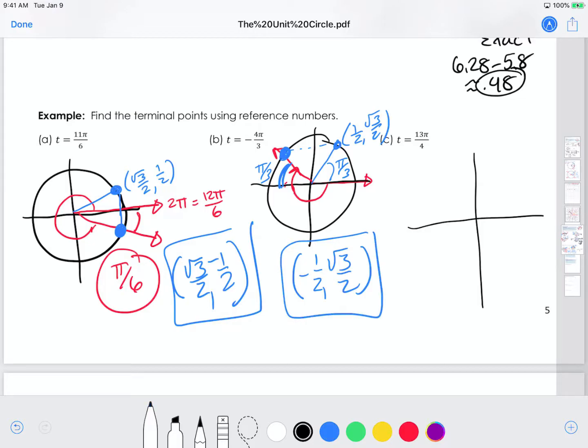The last example, part C, says 13 pi over 4. 13 pi over 4 is 12 pi over 4 plus 1 more pi over 4.